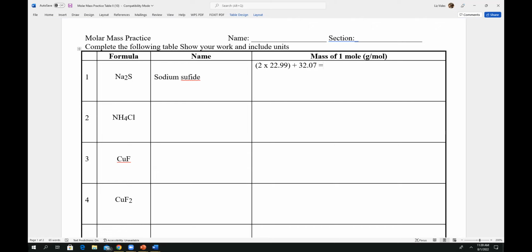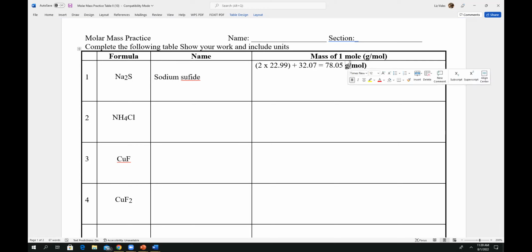Yeah, there it is. All right. So in this case, you're going to have 22.99 times 2 plus 32.07. That gives me 78.05. And when we are talking about molar mass, this is our unit, grams per mole. Okay. So we can just copy that and just use it.